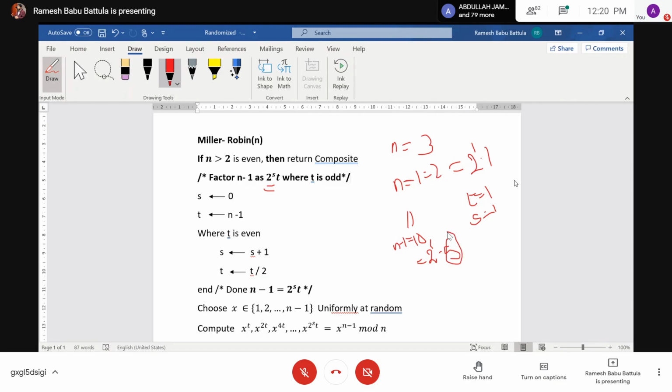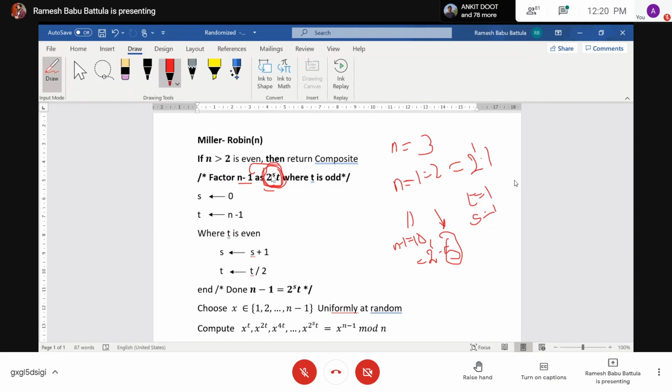And t is always odd. I think most of you understood this. If n is not even, n is an odd number, then n minus 1 is compulsorily an even number. If n minus 1 is even, I can represent it in the form of 2 to the power s into t, where t is odd.